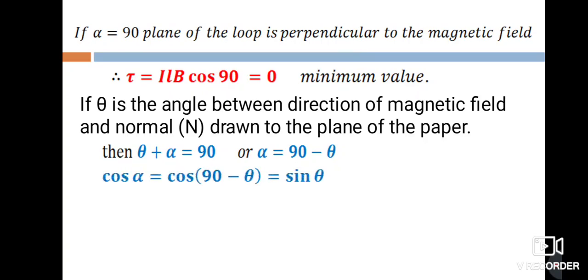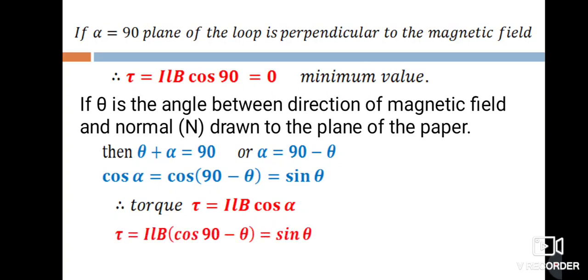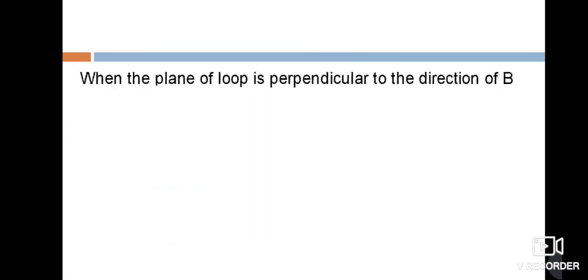Therefore, cos alpha is equal to cos of 90 minus theta, which gives you sin theta itself. Therefore, torque tau is equal to IAB cos alpha, or we can write torque tau is equal to IAB, and instead of cos alpha we substitute cos of 90 minus theta, which gives sin theta.